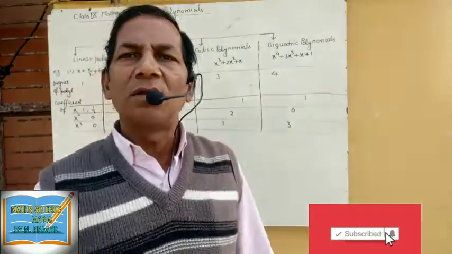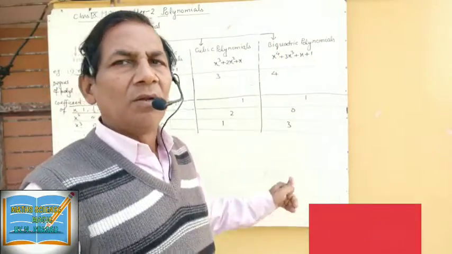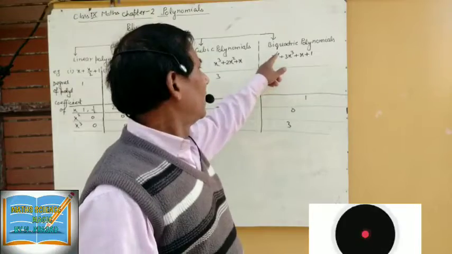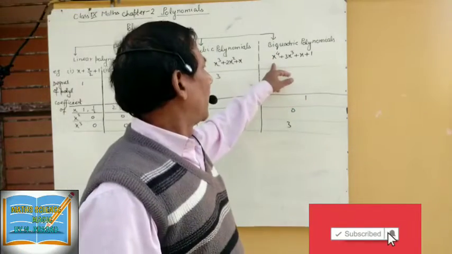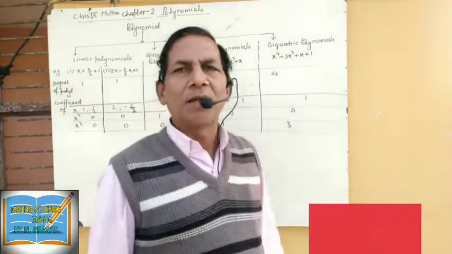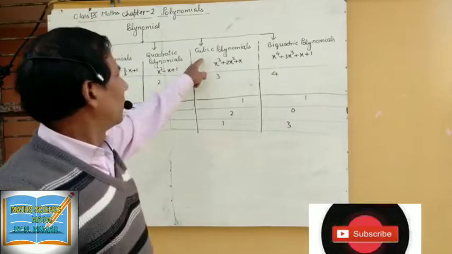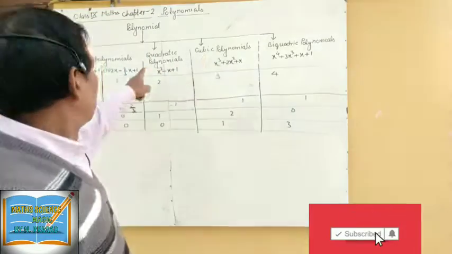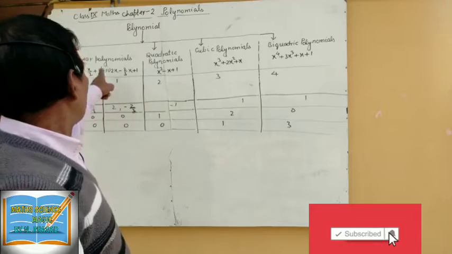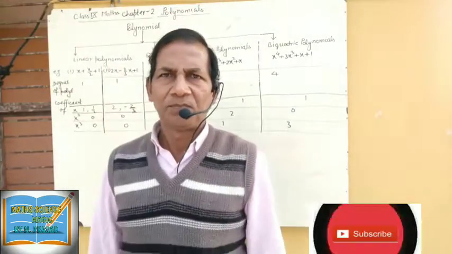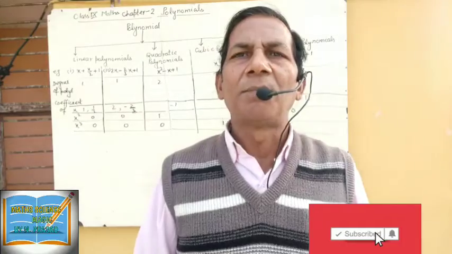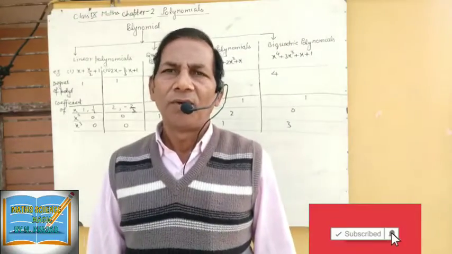So for the degree of this polynomial, the maximum exponent will be the degree. I mean this biquadratic polynomial is a 4 degree polynomial. And a cubic polynomial is 3 degree, quadratic 2 degree, linear 1 degree. The degree means the maximum exponent of the variable.